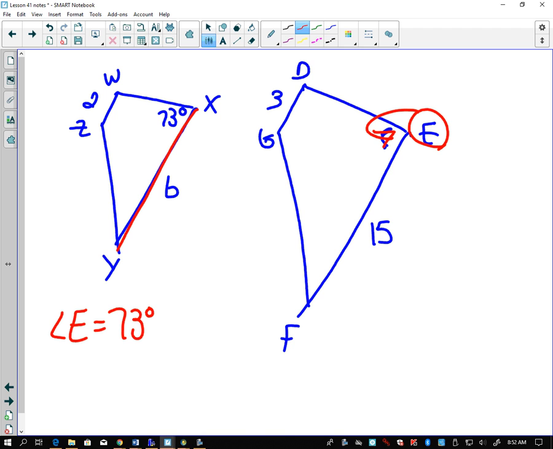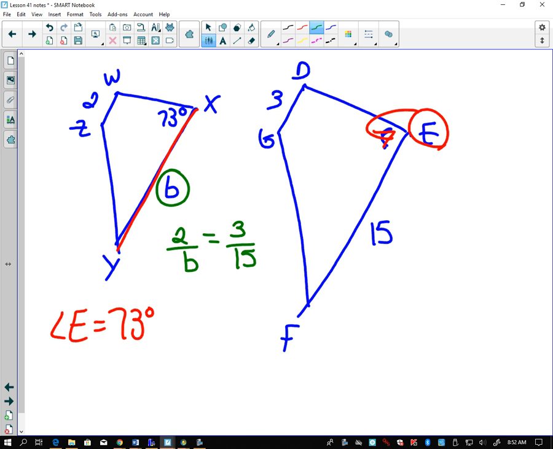Okay, so I want to set up a proportion. Michael, how would we do this? Okay. We will wait on you. We want to find B. 2 over B. So you're saying little triangle over little triangle equals big triangle over big triangle, 3 over 15.